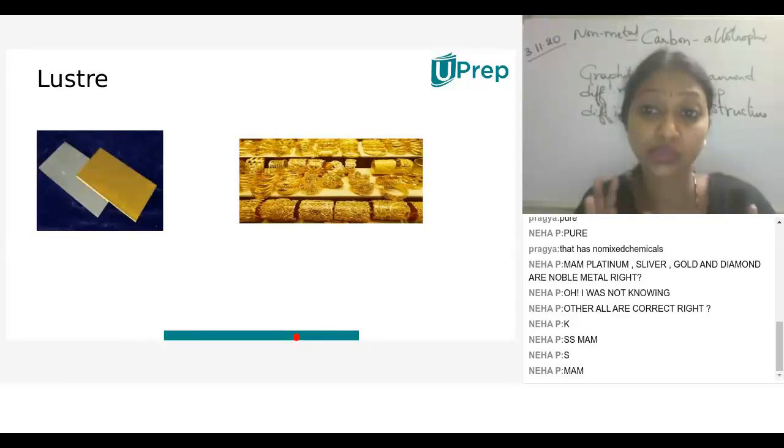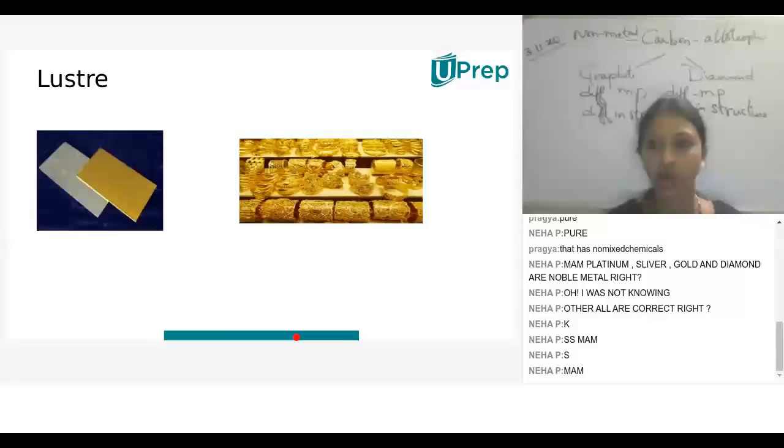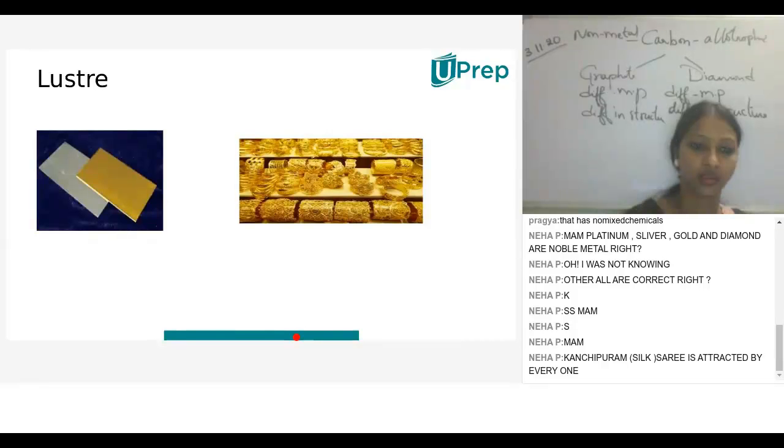Shiny means it looks special. Am I right? That's why on occasions, when we go to celebrations or festivals, we'll go with silk rather than cotton. Yes or no? So by using this lustrous property also we can sort the materials into different groups. This is also one of the properties by which we can do so. Any doubts? Shall I move ahead?